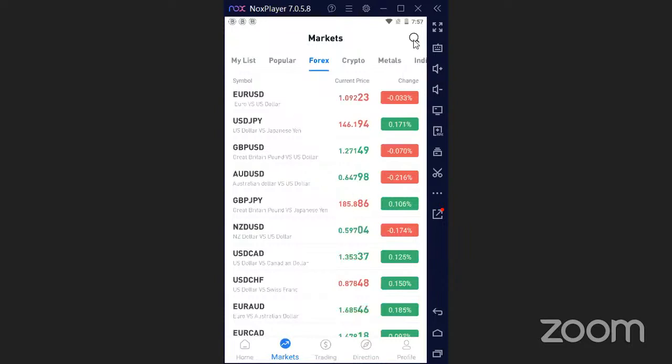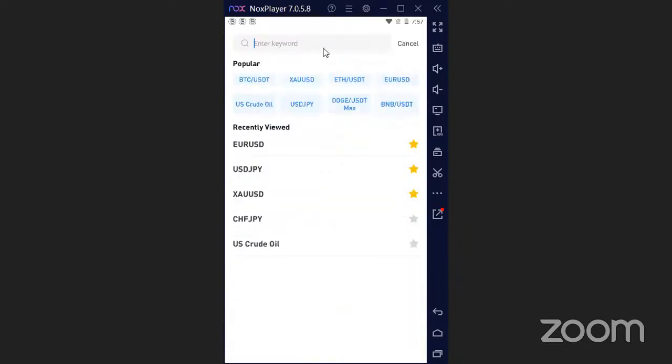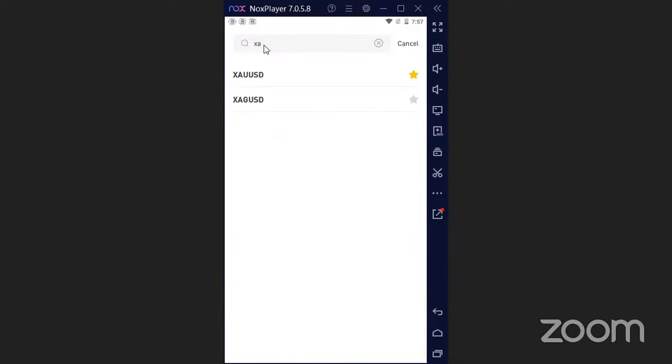Then if you don't know where the XAUUSD is, just come to this round box. This is a search bar. Then here you can enter the signal XAUUSD. Just enter it this way and it's going to bring it out. Then you click on it.